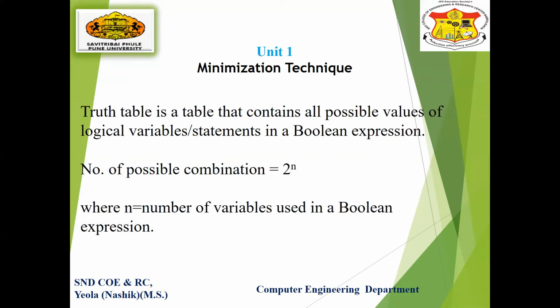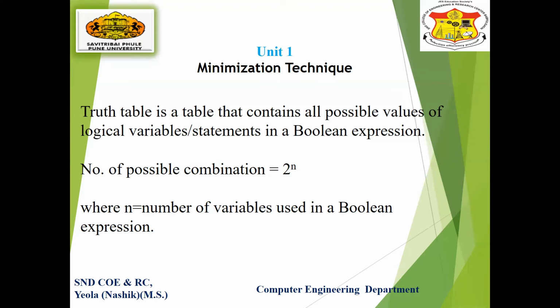It is 2 raised to n, where n is the number of variables used. How many variables have we used in the AND and the OR operator? That is 2, so 2 raised to 2 is 4. So we have 4 different combinations: 0 0, 0 1, 1 0 and 1 1.